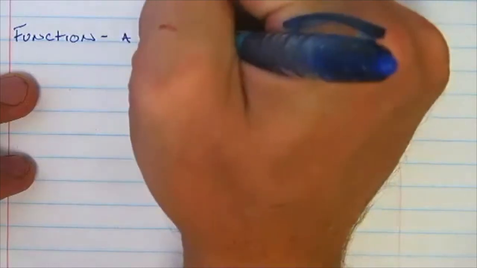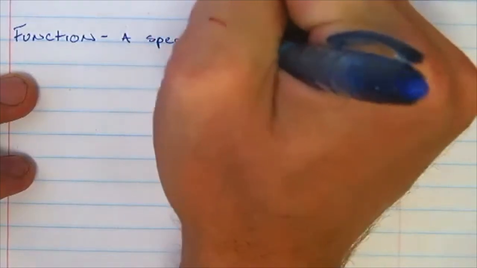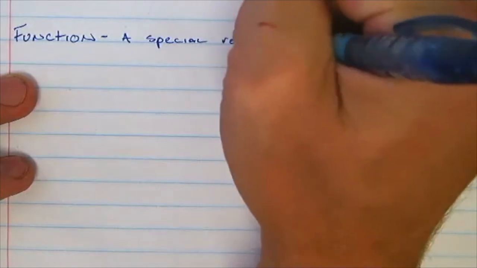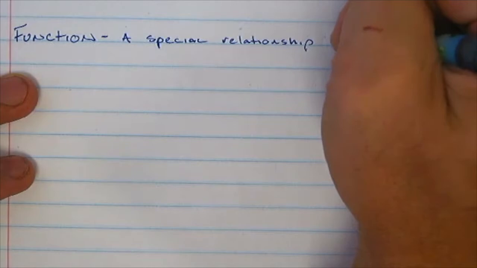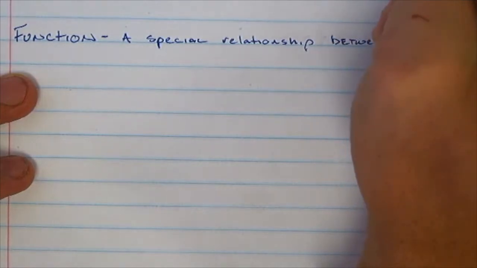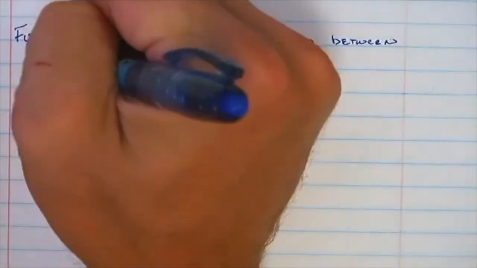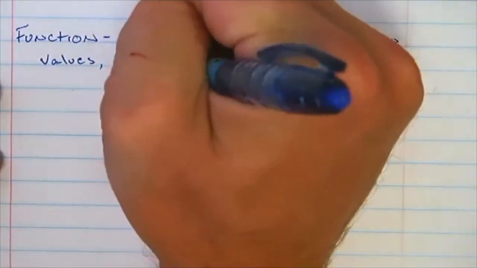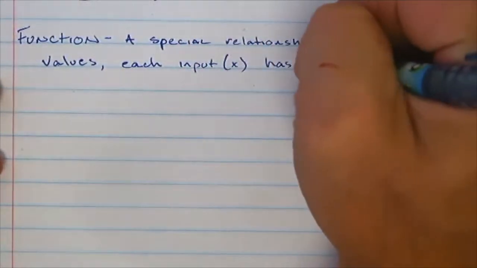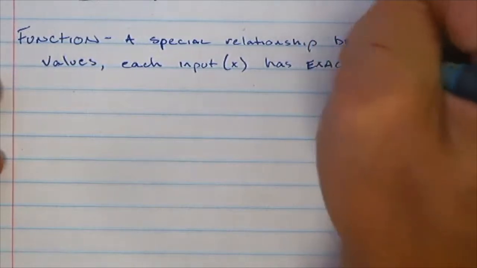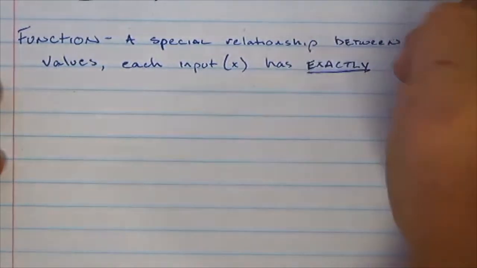So it is a special relationship between values, where each input, which we defined as X, has exactly one output.